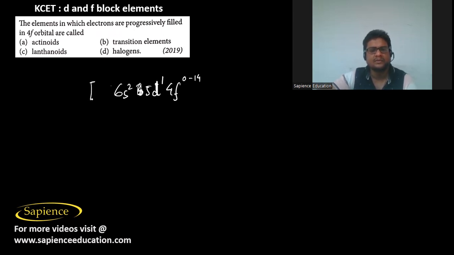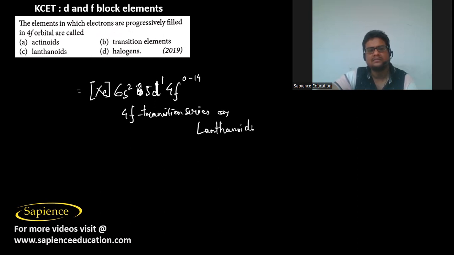So here xenon is the inert gas core. So these will be called the 4f transition series, or it will be called the lanthanoids. So option C is the correct answer.